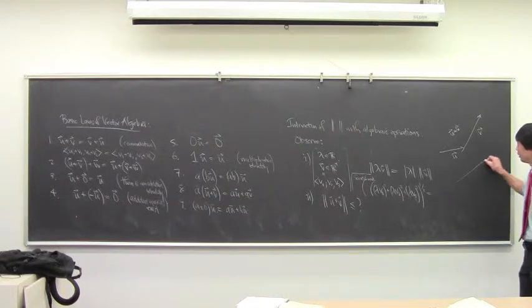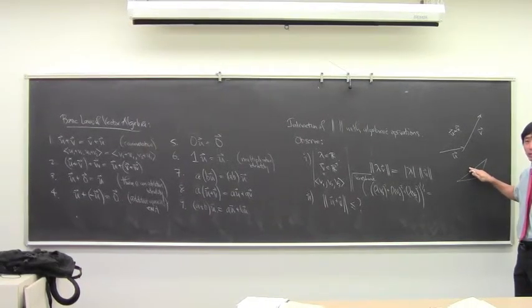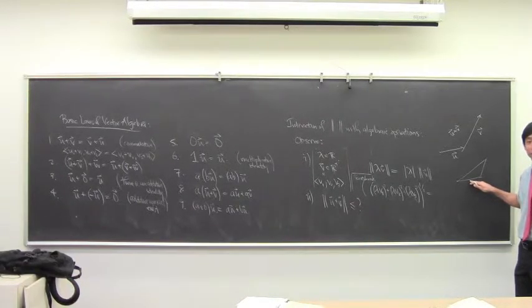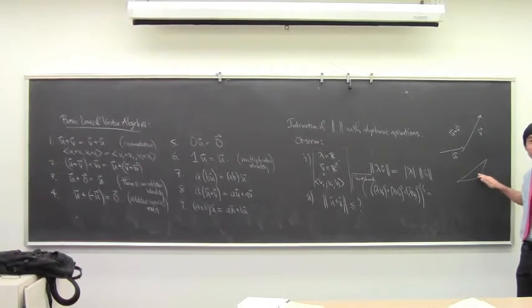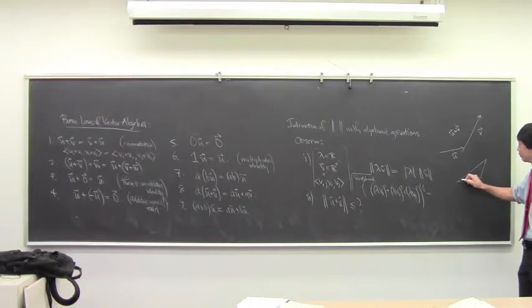You have a triangle. What we're saying is that the length of one side is going to be dominated by the sum of the lengths of the other sides. Would it just be u plus v? Yes. So if you have any triangle, the length of one side is smaller than the sum of the lengths of the other sides, because this is the shortest distance between those two points.